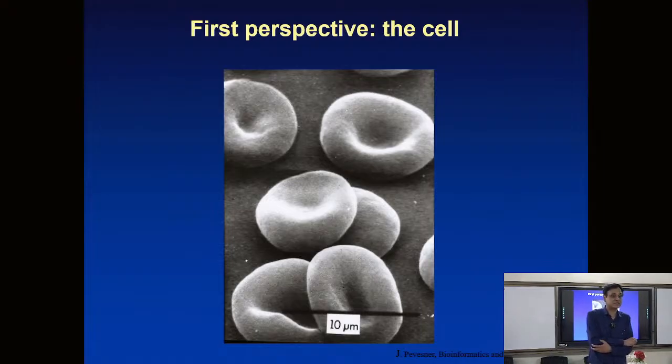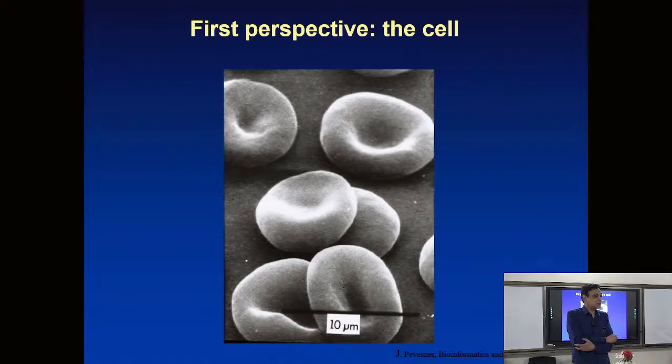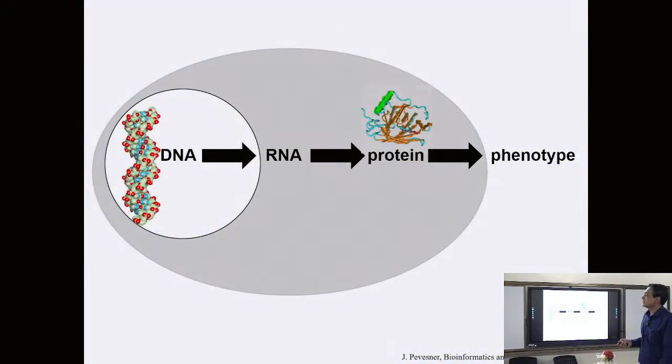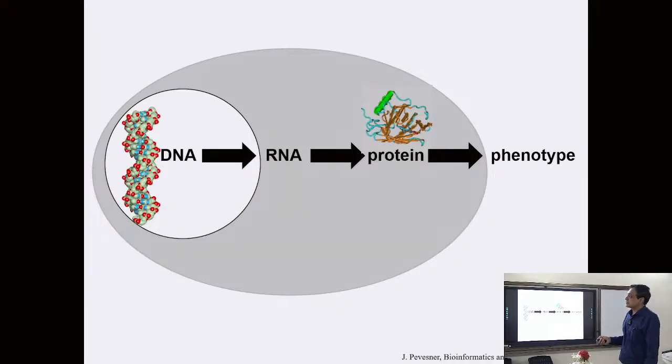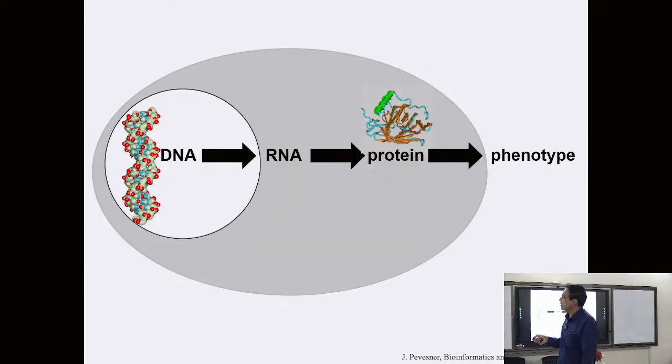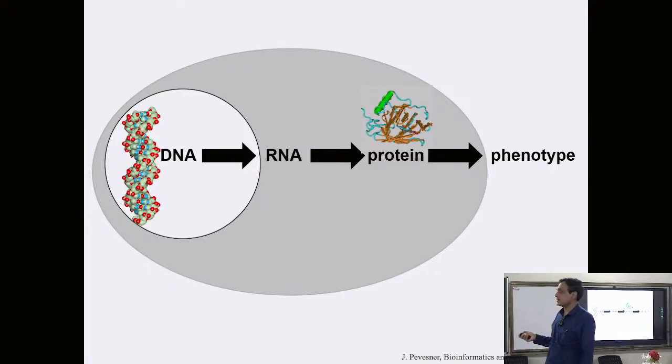So you can imagine how many total nucleotides there are in a human body. There are about 37 trillion cells, and each cell has over 3 billion nucleotides. Within each cell there are processes, and this is a cartoon of a eukaryotic cell.